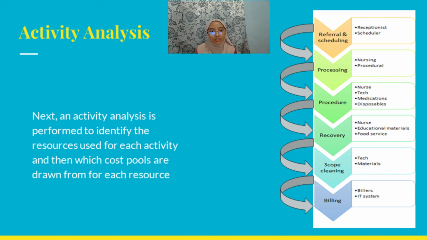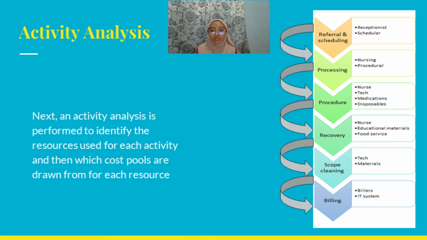And the second step is activity analysis. Activity analysis is performed to identify the resources used for each activity and then which cost pool is drawn from each resource. As the figure shown in the slide, all the activities have been identified with their respective resources. So, as you can see, the referral and scheduling resources are receptionist and scheduler.